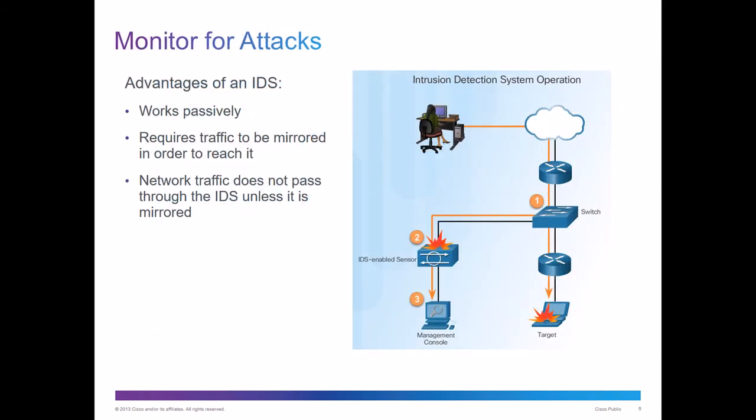Okay, so what an intrusion detection system does is it looks for patterns to see if there's a pattern of attack occurring. One way to do it is to set up a sensor that is connected to the switch. So all the data that comes into the network will also be sent to the sensor.